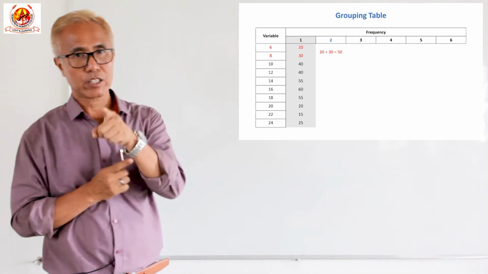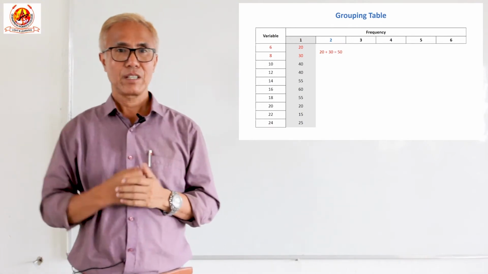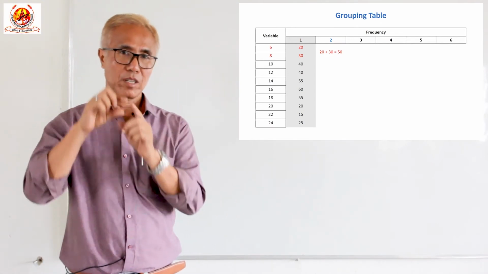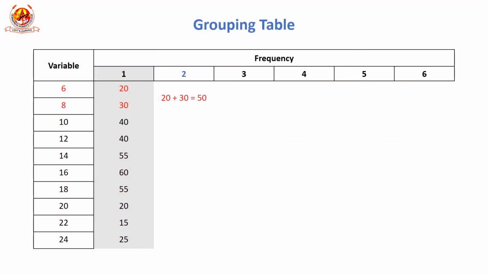Now let us come to the second frequency column. Here let us select the first two variables, 6 and 8. Their frequencies are 20 and 30. Let us add them together: 50.